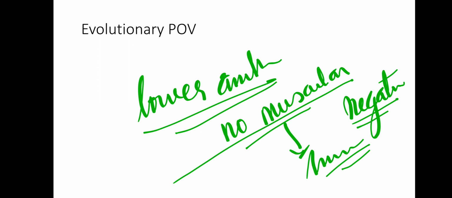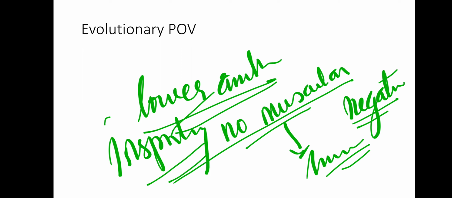Okay, and also many other things. And it is a powerful inspiratory muscle, as we all know. Okay, so evolutionarily the humans have tended to develop the muscular portion of the diaphragm.